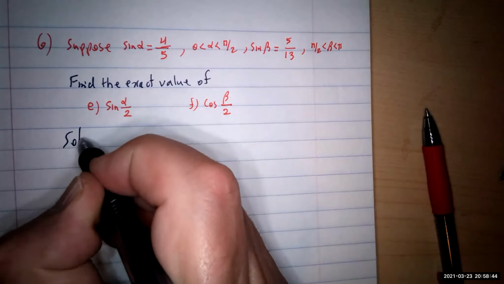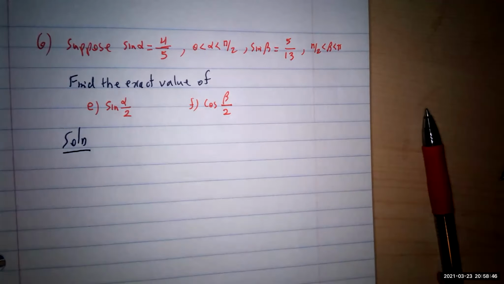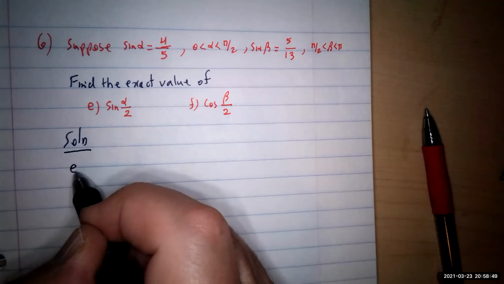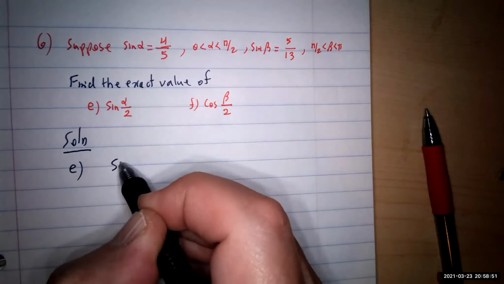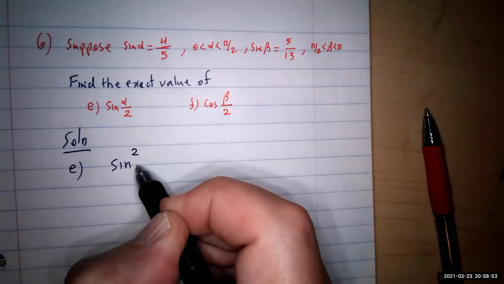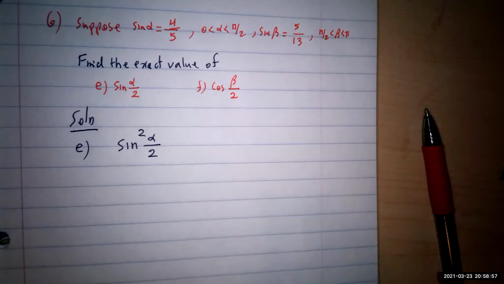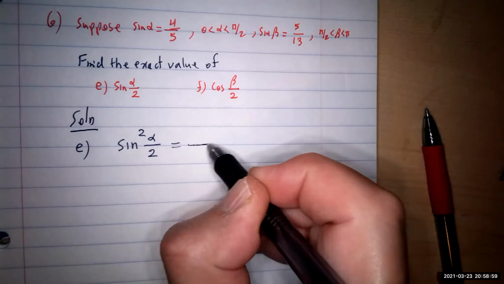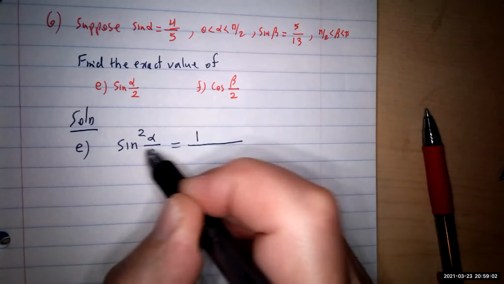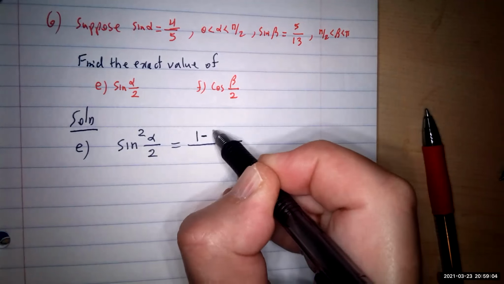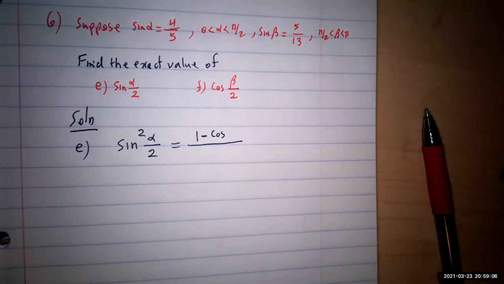Solution. Part E. You start with the sine squared, sine squared of alpha/2. Now the power reducing formula: it's 1 minus cosine of the double angle, over 2.